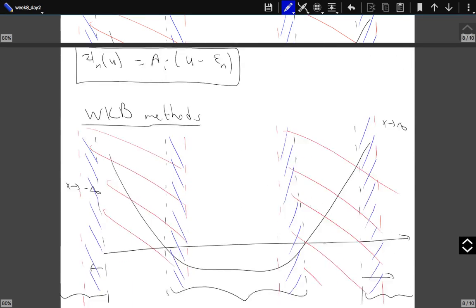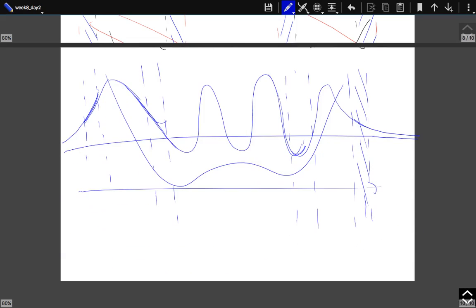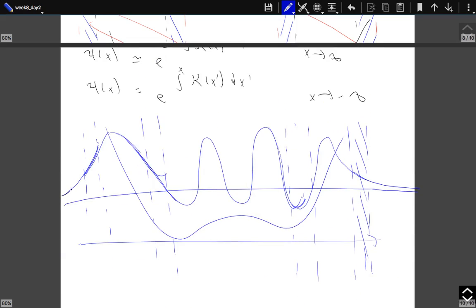So I should make sure that when I start from here, from the exponentials, and continue with the Airy functions, when I reach the other side, I should still be in the region where it is decaying. I shouldn't have some Airy function in the region of the other turning point. I shouldn't have a solution which starts increasing. It shouldn't exist. It should decay in the classical forbidden region. But that means that I should have some matching condition.